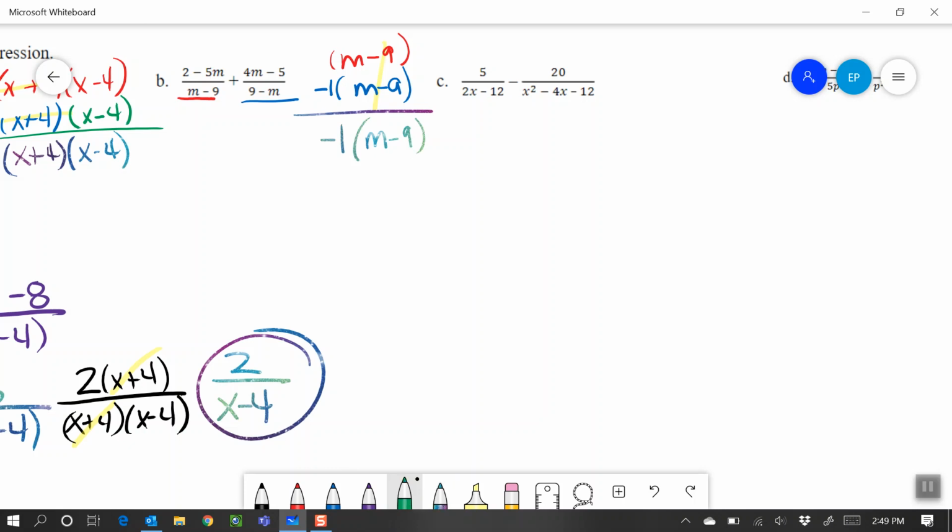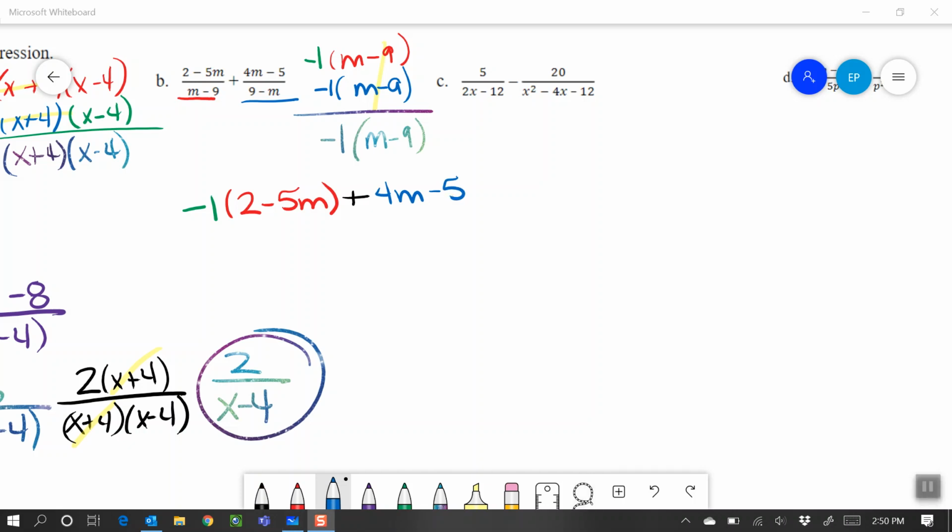So what I need to do is on the red fraction, left fraction, I need to multiply it times negative 1. So I'm going to take negative 1 times 2 minus 5m plus my blue fraction, or my right fraction, 4m minus 5.